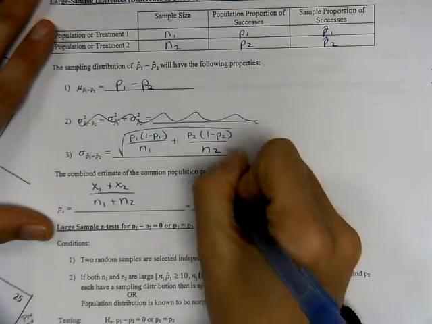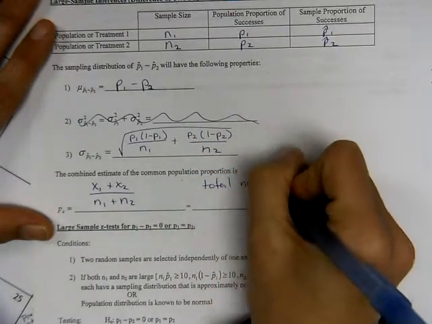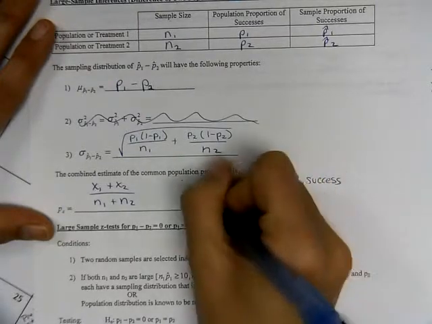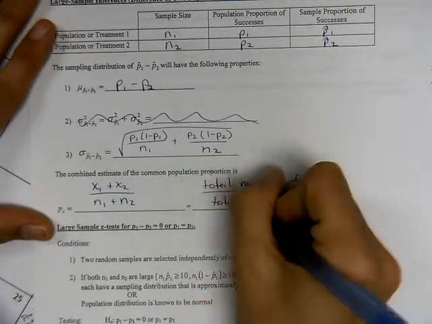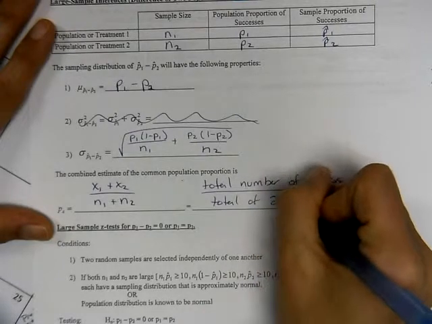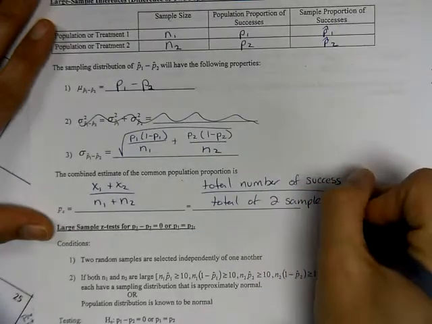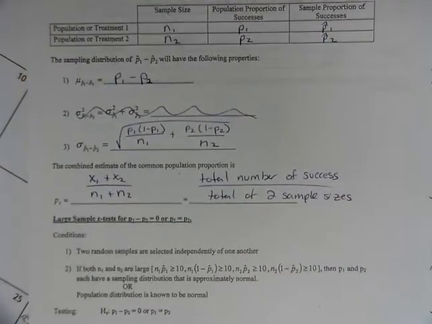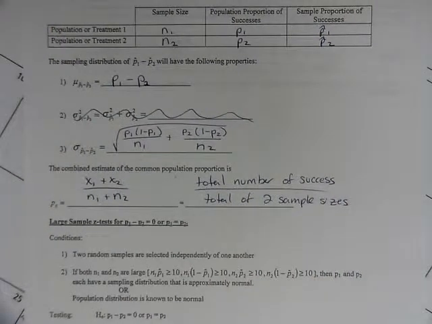So it's basically the total number of successes over the total of the 2 sample sizes. You're going to have to use P sub C when we do hypothesis testing. That's going to end up being your denominator. So you got to combine them.